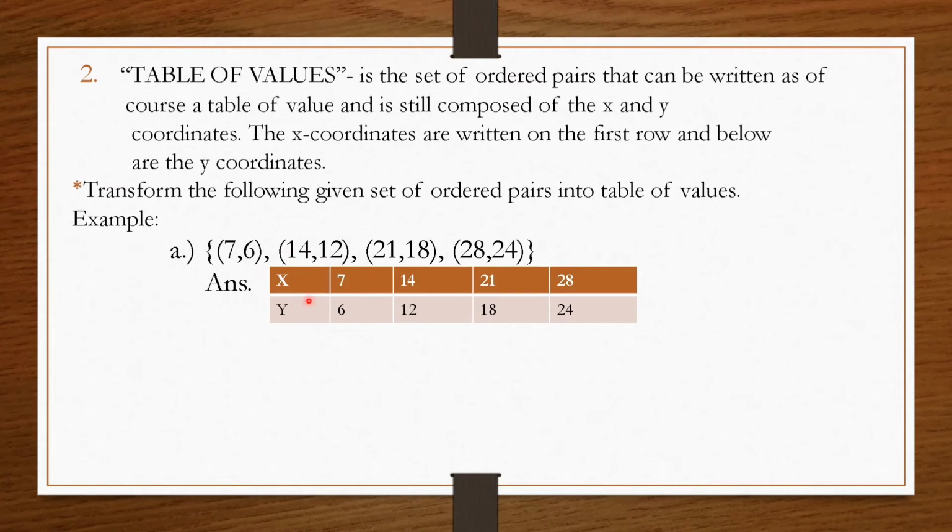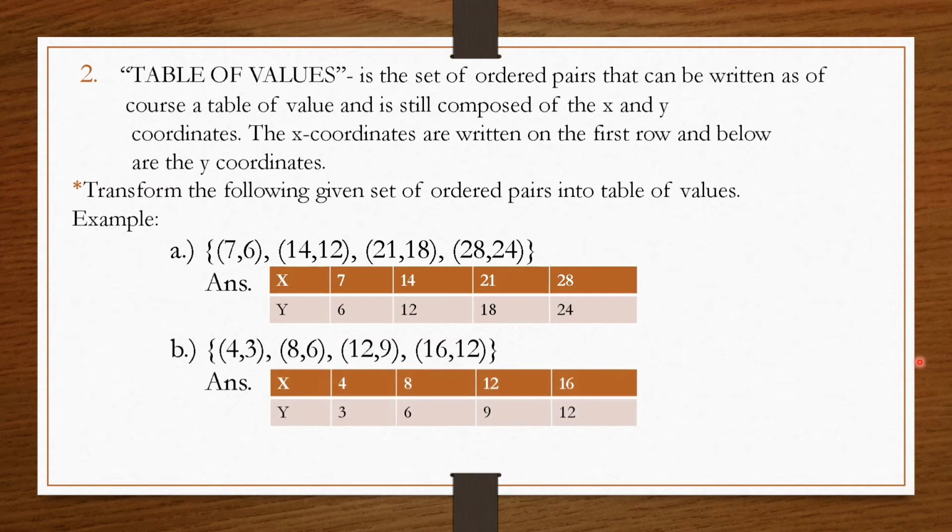All the x coordinates will be in the top row, which are 7, 14, 21, and 28, and all the y coordinates will be in the second row, in the y row, which are 6, 12, 18, and 24, and make sure they are in pairs, which here are 7 and 6, 14 and 12, 21 and 18, 28 and 24. In our next example, we have 4 and 3, 8 and 6, 12 and 9, 16 and 12, and the answer will look like this.